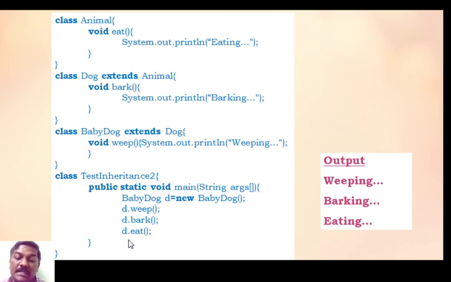So automatically d.eat will call the eat method of the animal class, and it will print eating. So I will get the output like this. The same concept is applicable for any kind of multi-level inheritance. So this is the second type of inheritance.